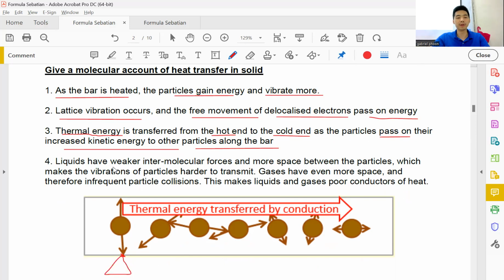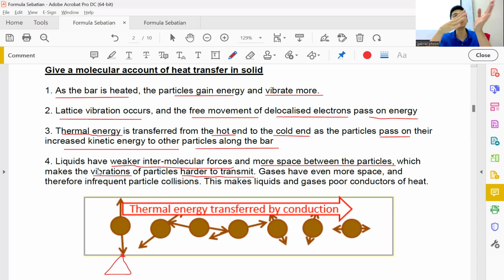Okay, liquids definitely have weaker intermolecular forces and have more space between the particles, which makes the vibration harder to transmit. So basically, they're saying that liquids are harder to conduct because the molecules are very far apart, which makes sense with the previous chapter we learned, right?